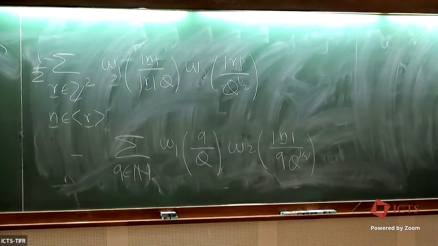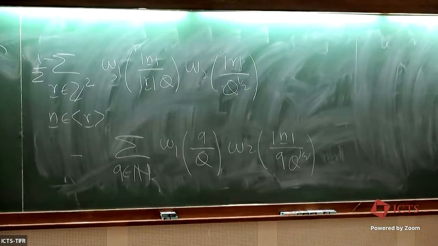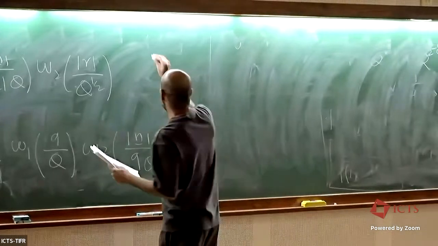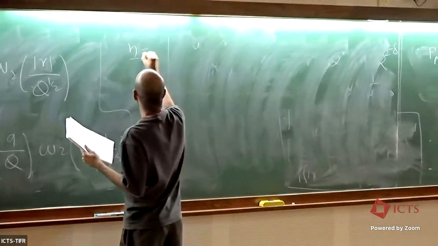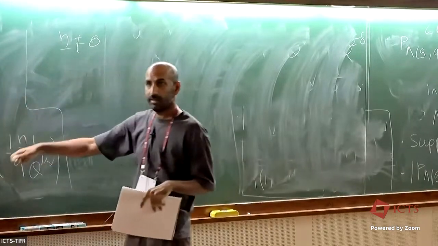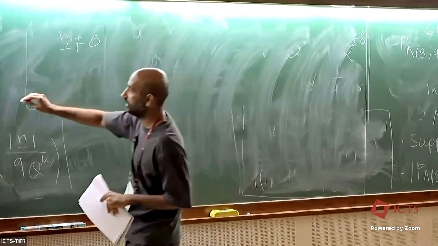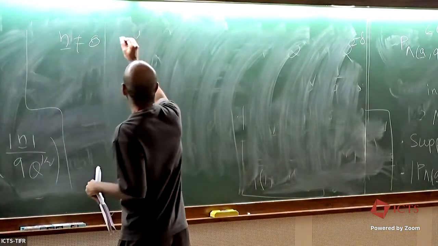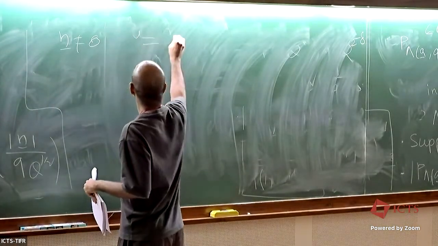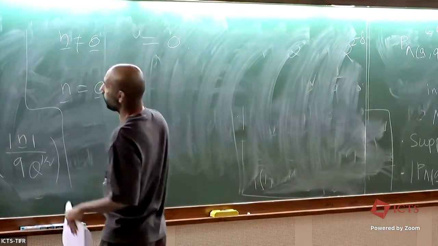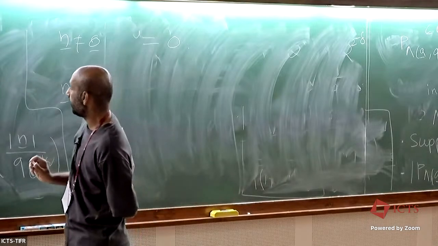And now, again, just by what I have told you, when n is non-zero, both these sums are equal. So this difference of these two terms is going to be 0. And what happens when n bar is equal to 0 bar?